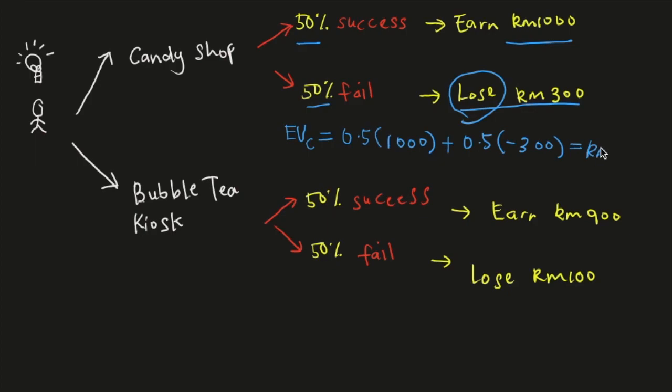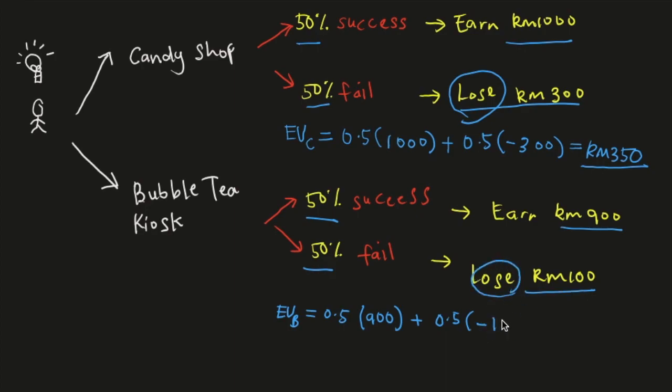So you just key in all these values in your calculator and you will get an expected value of 350 ringgit for the candy shop. Okay, you repeat the same process for the bubble tea kiosk as well. You will get an expected value of 400 ringgit per week.